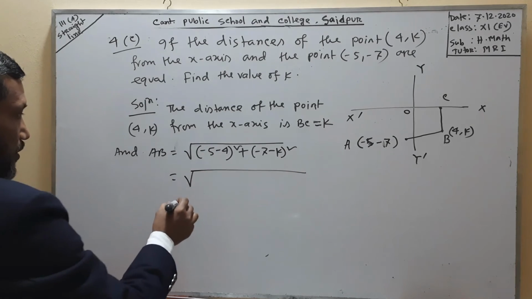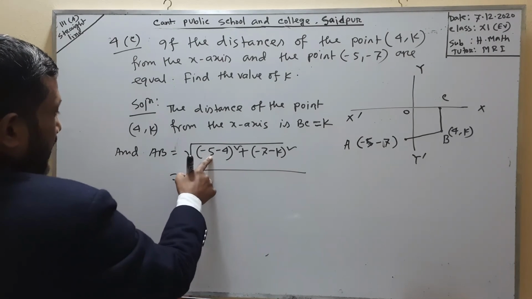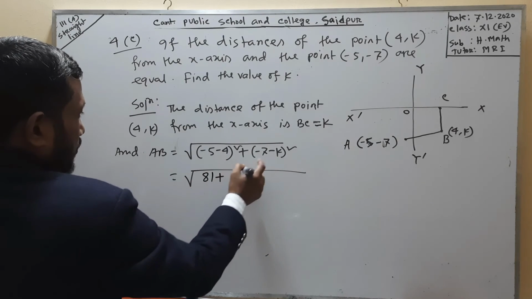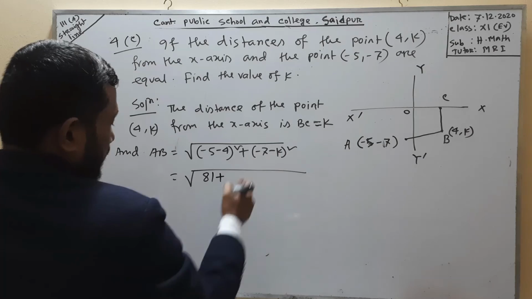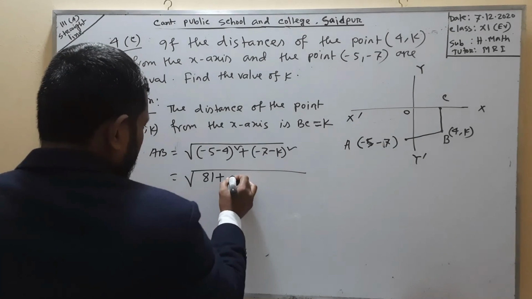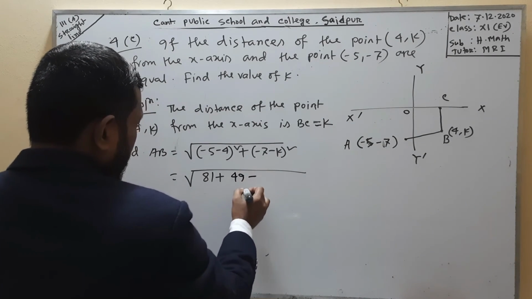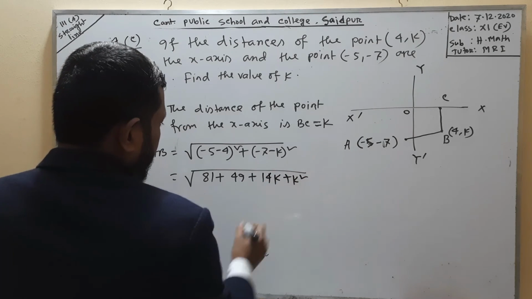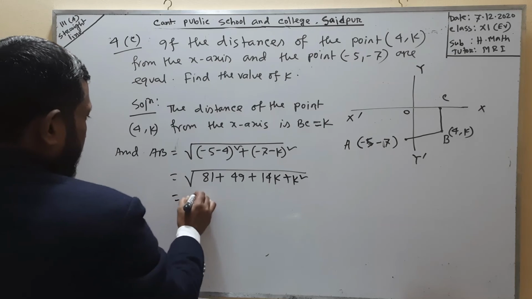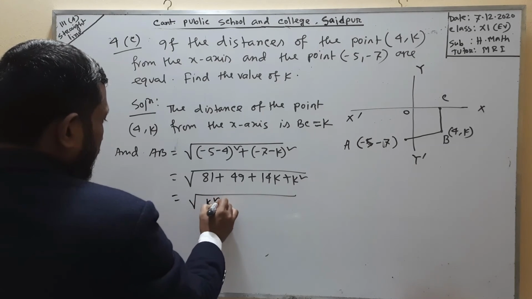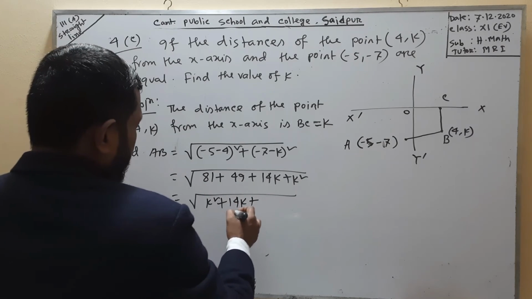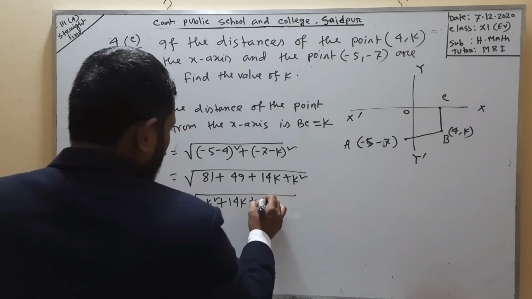All are negative, so it will be -5 minus 4, -9, that is 81, and 49 plus 14k plus k square, that is k square plus 14k plus 130.